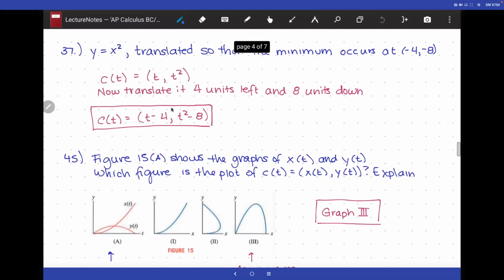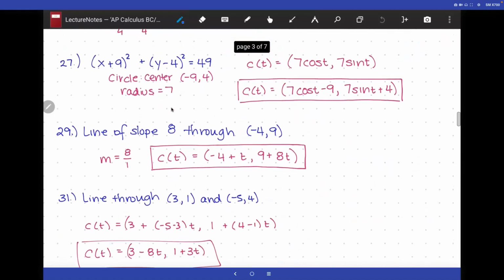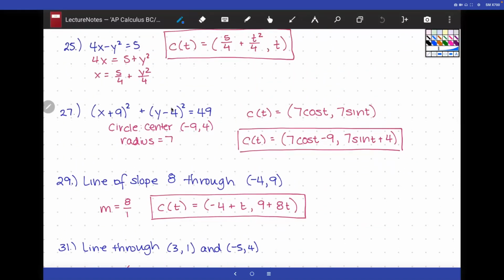I will say this about the AP exam. Even though I showed you how to do parametric equations on your calculator, you will actually never have to do that on your calculator during the AP exam. I forget exactly what all the list of requirements for a graphing calculator are, but being able to graph in parametric mode is not one of them.